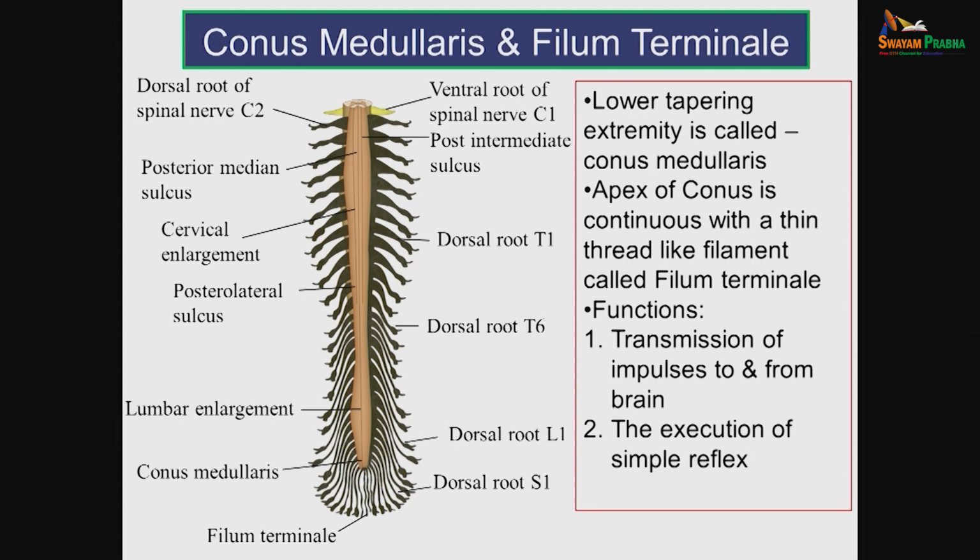This thin filamentous structure is called the filum terminale. We will discuss details of the filum terminale in the later slides. The functions of the spinal cord are, first, transmission of impulses to and from the brain, and also execution of simple reflexes.